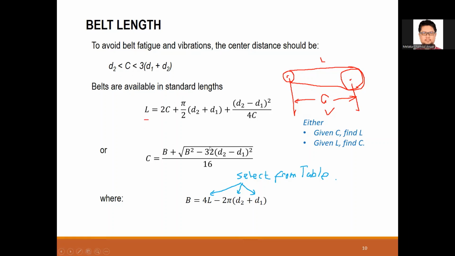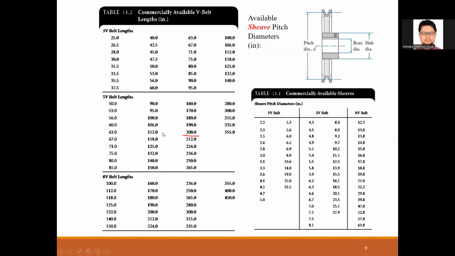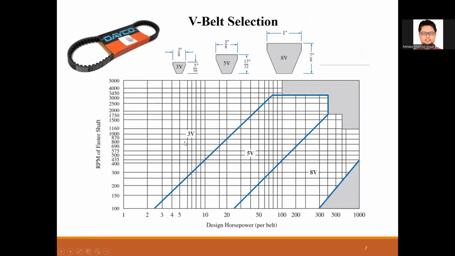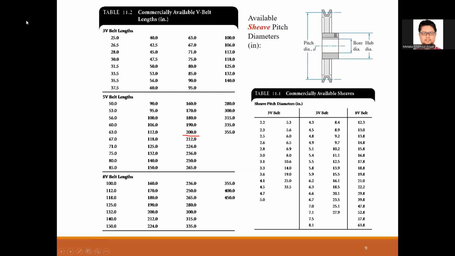So once you got the belt length, you can go back to here, see if that length is available. Because they come in this kind of thing. Sometimes it's already stitched together. It's not from one big roll. So say you have a loop of belt that you can choose from.